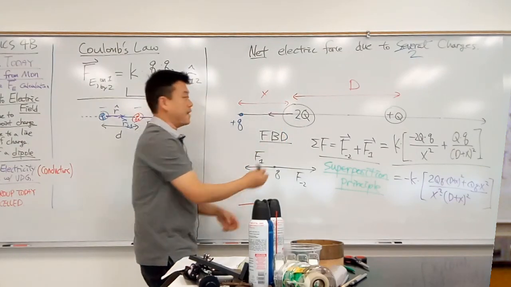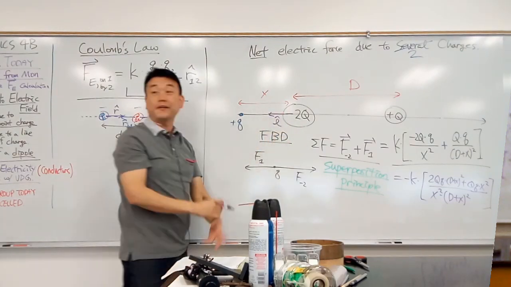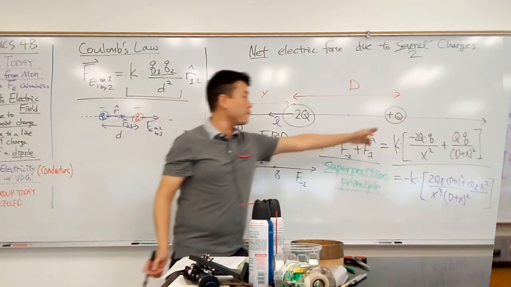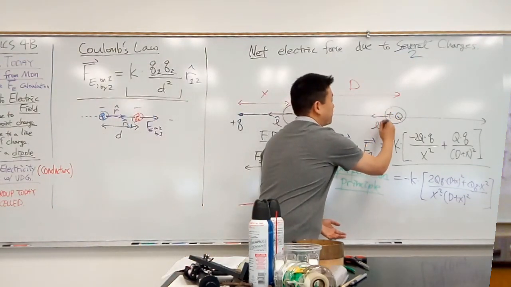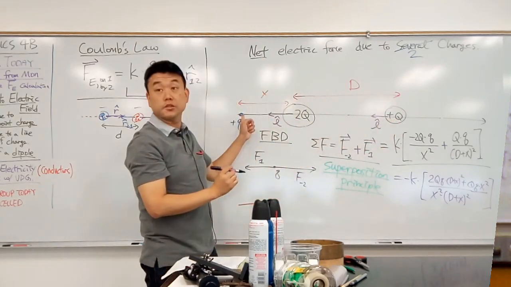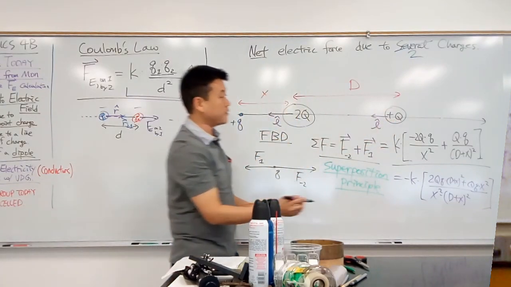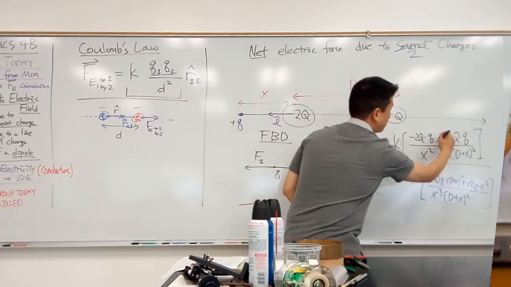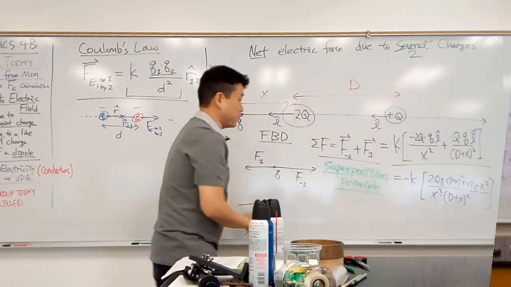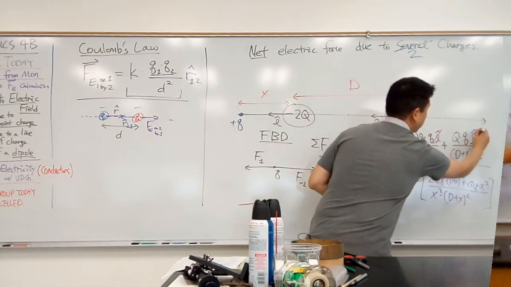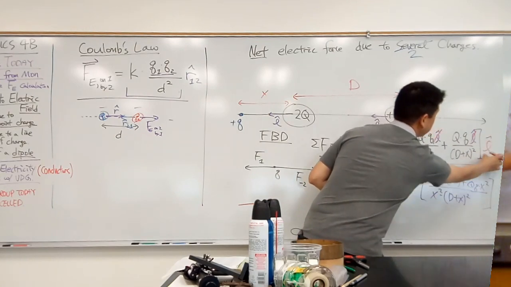Let me call it, I don't know, L hat for leftward. For plus q, the unit vector happens to also point to the left. It's pointing towards this charge. So they are the same unit vectors. They both have the same unit vector L hat. And if you wanted to, you could factor it out and have this unit vector here.